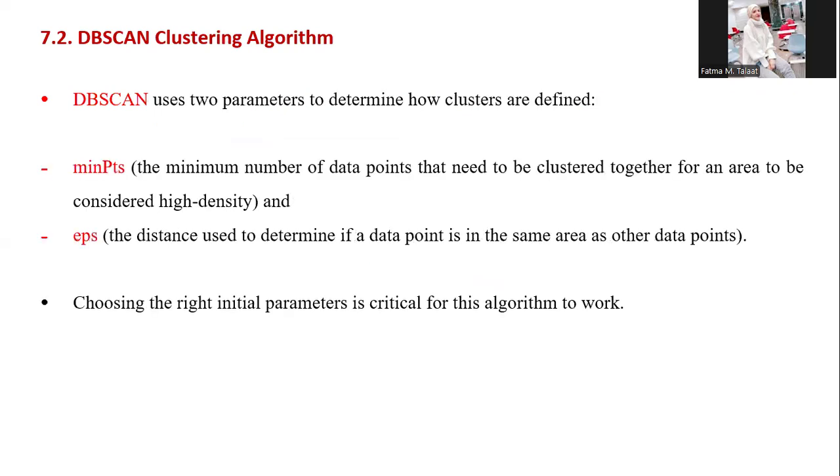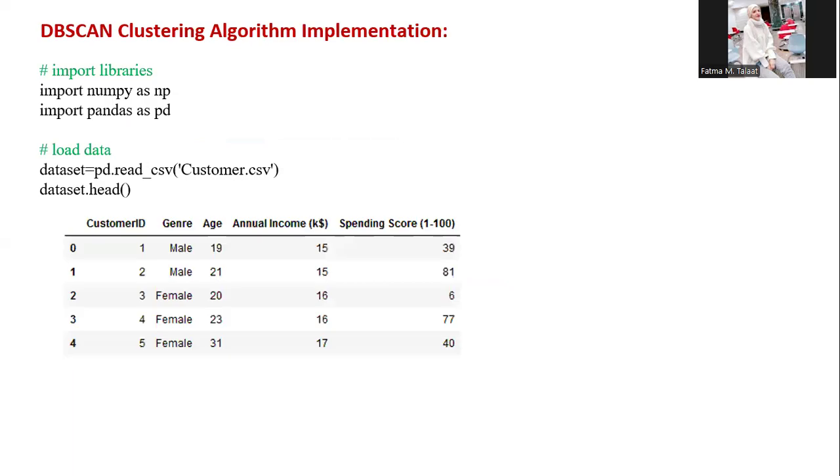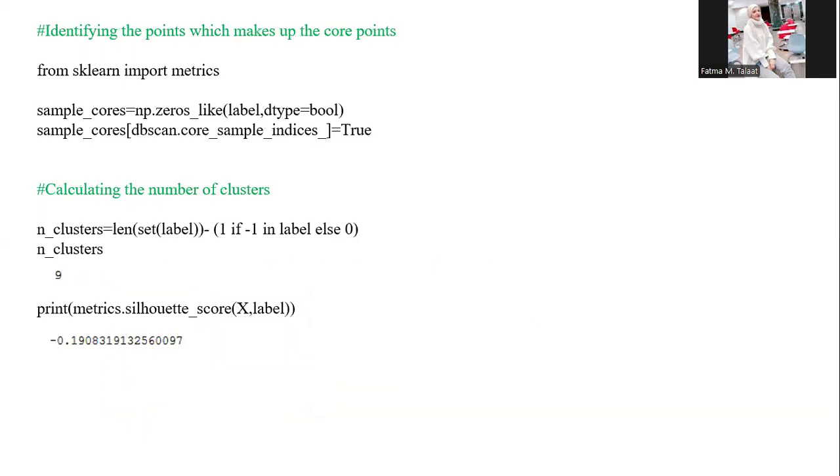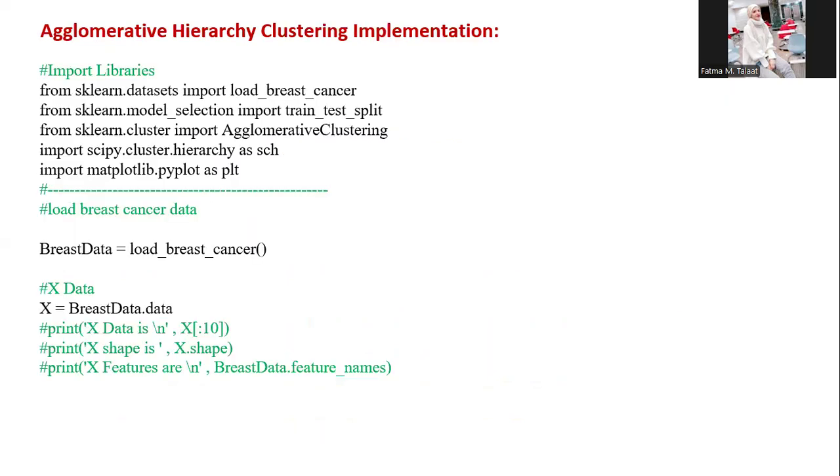We use two parameters to determine how clusters are defined: MinPts, the minimum number of data points, and eps, the distance used to determine whether data points are in the same area. This is an example: import libraries, then load the data, then apply DBSCAN, give it its parameters, and calculate the score.